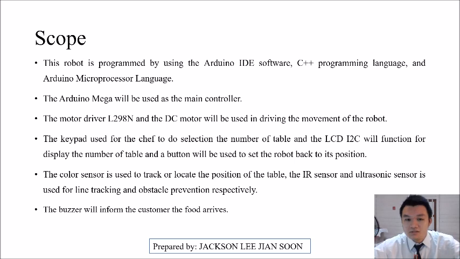For the sensors, the color sensor is used to locate the position of the table. The IR sensor and ultrasonic sensor are used for line following tracking and obstacle avoidance respectively. The buzzer will inform the customer when the food has arrived.